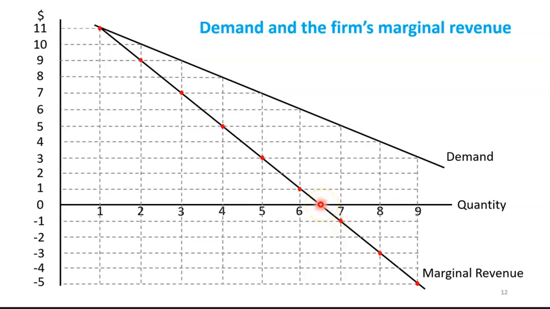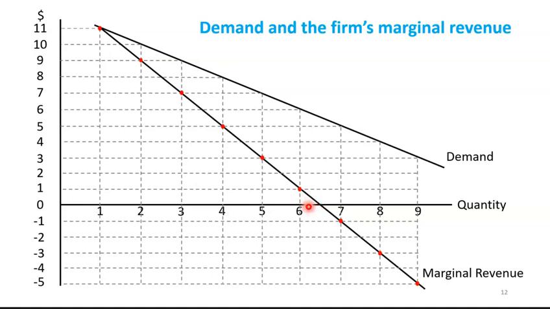At one point right there, marginal revenue is 0. What does that mean? Well, that just means that the price effect, which is negative, is exactly counterbalanced by the output effect.